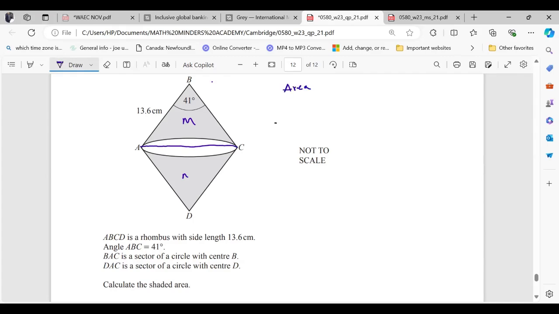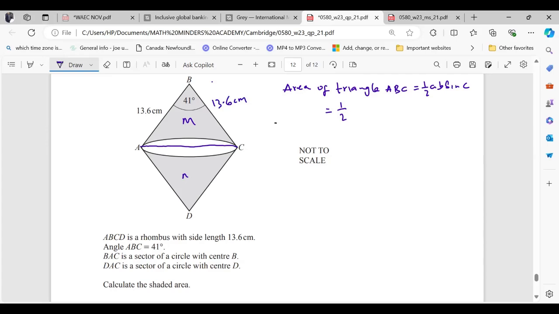Area of triangle ABC equals half AB times BC times sine of angle B. Remember also in this diagram that BC is the same as 13.6 centimeters.